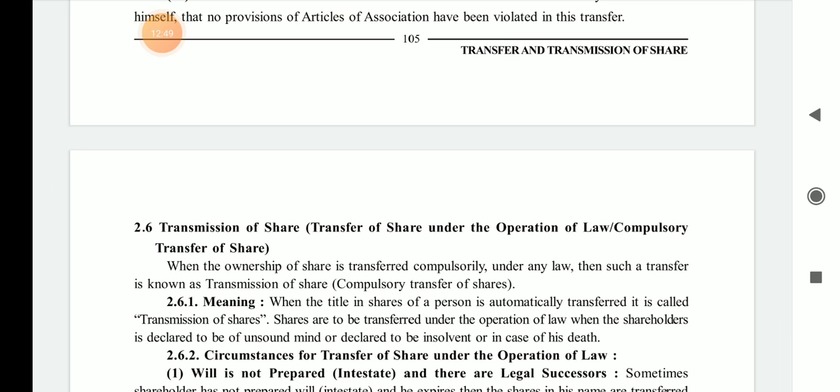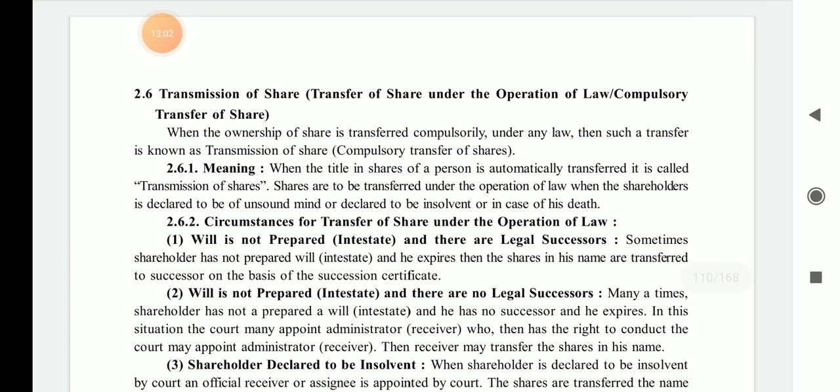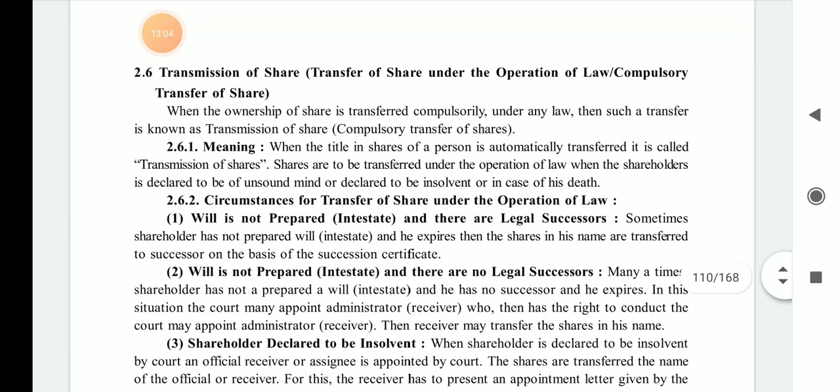Now the next topic we are going to learn is the transmission of share. Meaning of the transmission of share. When the ownership of share is transferred compulsorily under any law, then such a transfer is known as the transmission of share.